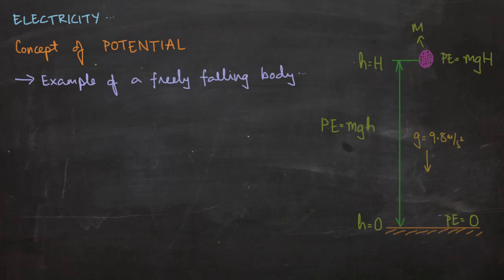So from this example, we saw that a body under free falling condition will always move from a higher gravitational potential to a lower gravitational potential.